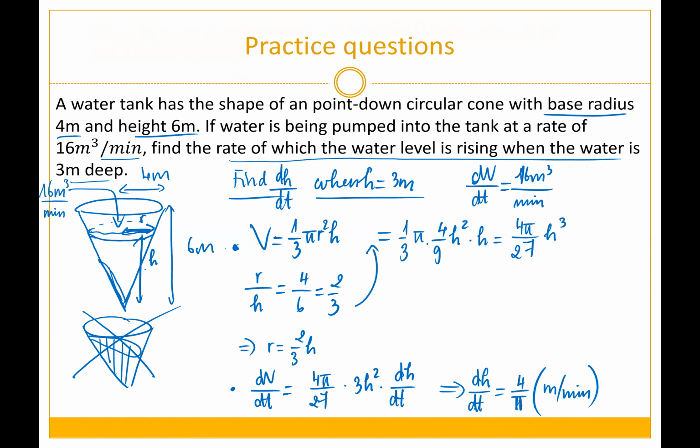The final step is, based on whatever the question gives you, to put the relationship that you just got in just one variable so that you can solve it. It's usually helpful to put it in the variable that you're looking for. Say here you want to find dh over dt. It's more beneficial for you to put it in terms of h instead of r.